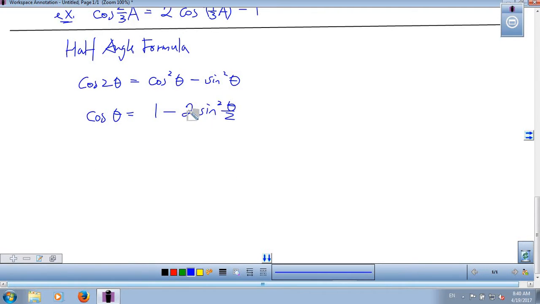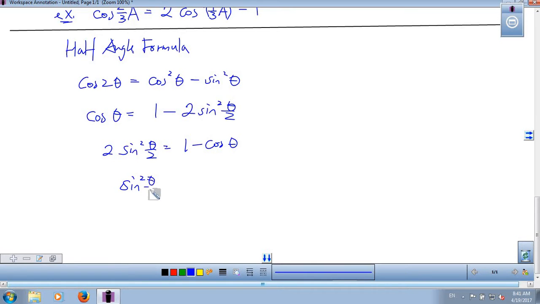So I'm going to move the 2 sine squared theta over to the other side, and move the cosine over here. So I have 2 sine squared theta over 2 equal to 1 minus cosine of theta. I exchange those expressions, and I divide both sides by 2.